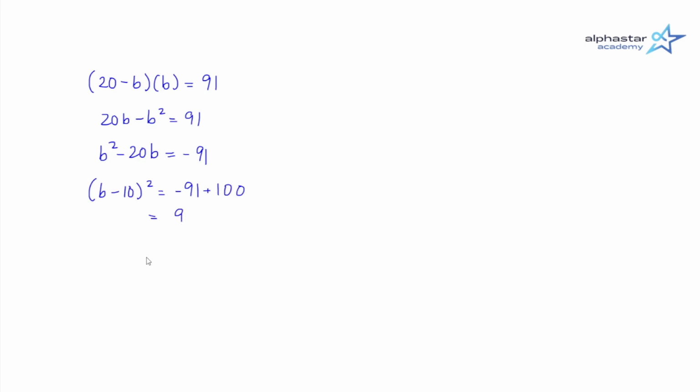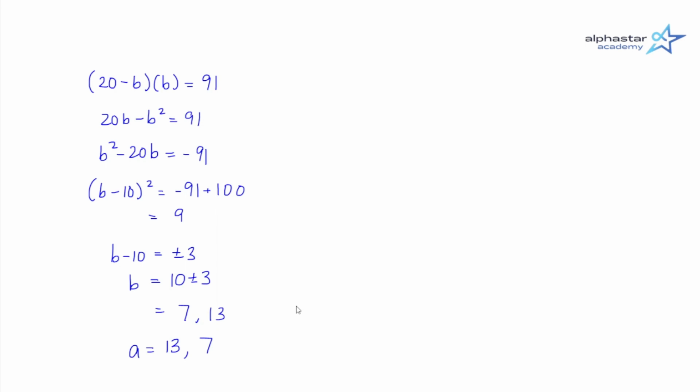So we get b − 10 = ±3, so b is 10 ± 3. That gives us two values, 7 and 13. We can also solve for a: we get 13 if b is 7, and 7 if b is 13.